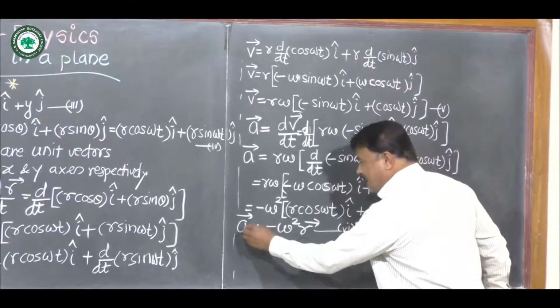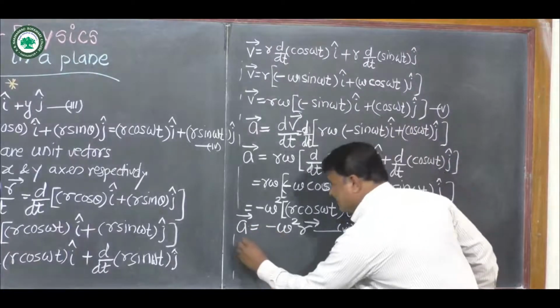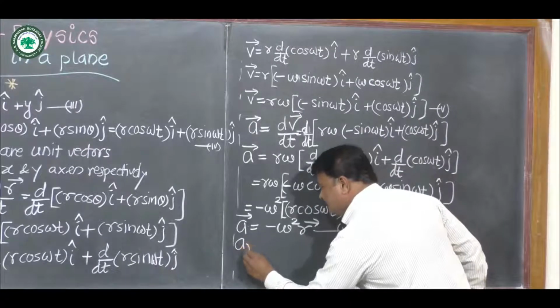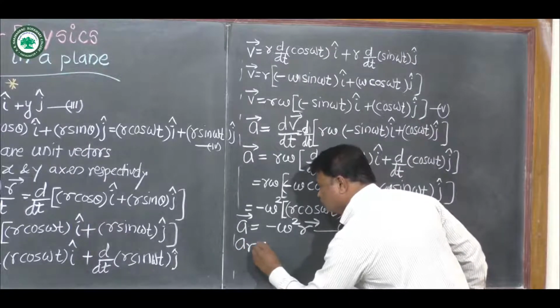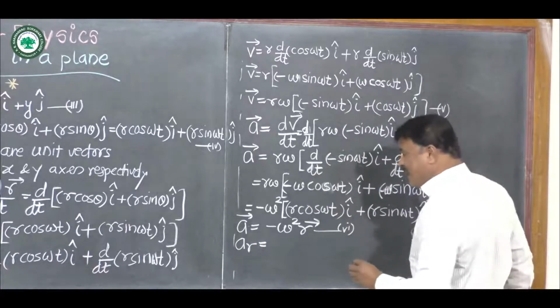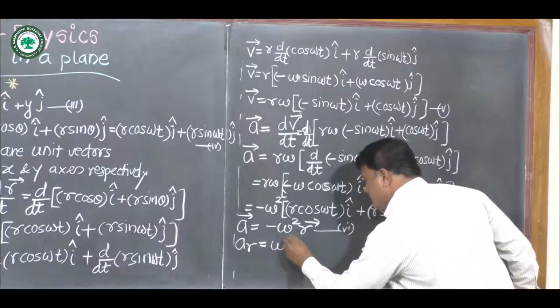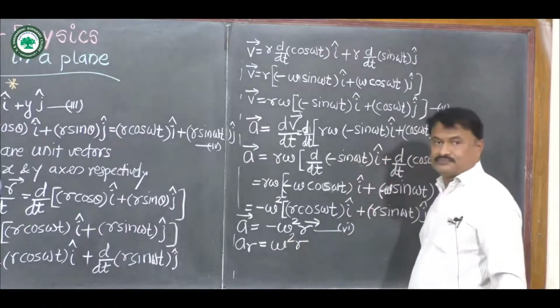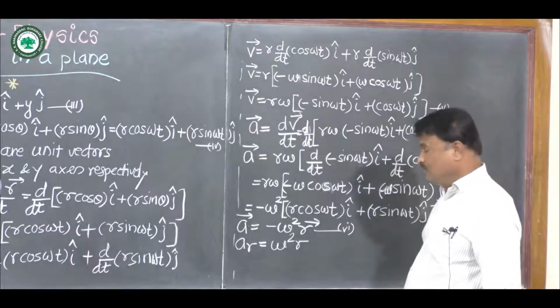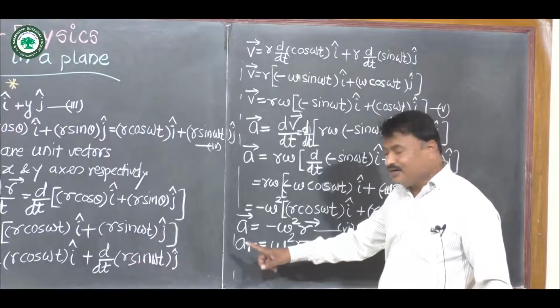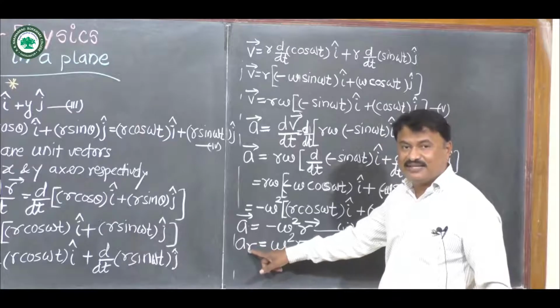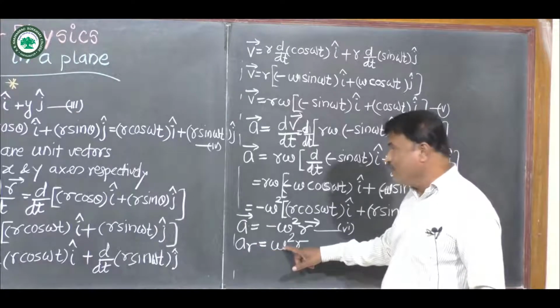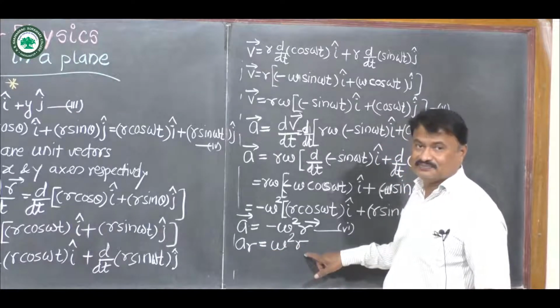So this acceleration is a radial acceleration, and its magnitude is omega square into r, the magnitude of radial acceleration or centripetal acceleration is equal to omega square r.